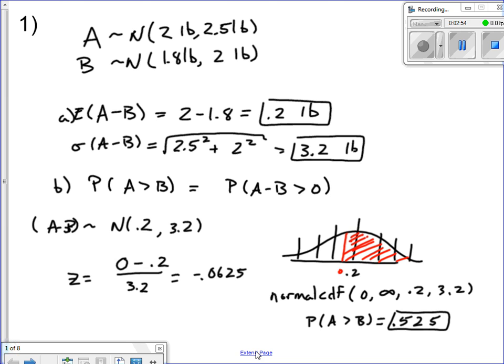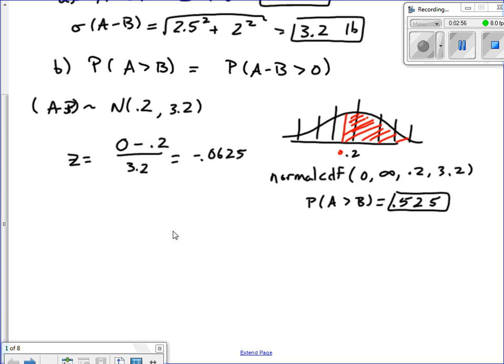So on to part C. For part C, it asks: the first store sells them at 32 cents. Store B sells their watermelons for 25 cents. So find the mean and standard deviation of the difference in prices. Well, what we're going to have to do first is make a quick conversion.